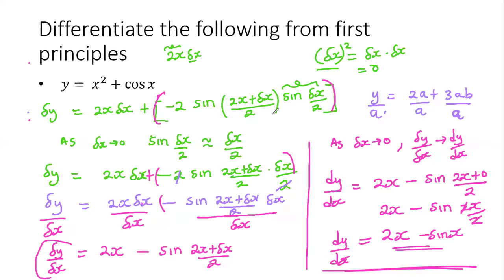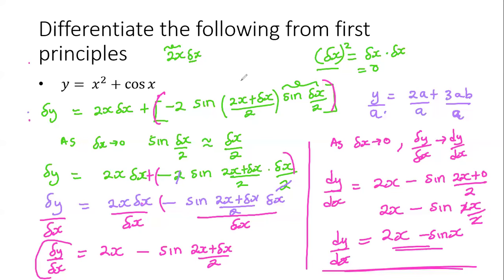Now, why didn't you make 2x times the small change in x zero? For delta x to tend to 0 alone, it comes when it is an angle. Is that fine?